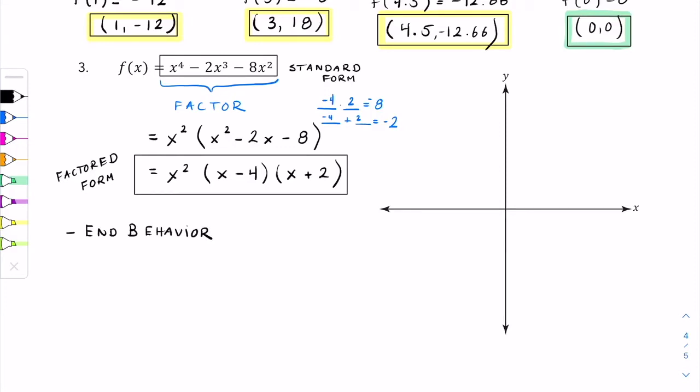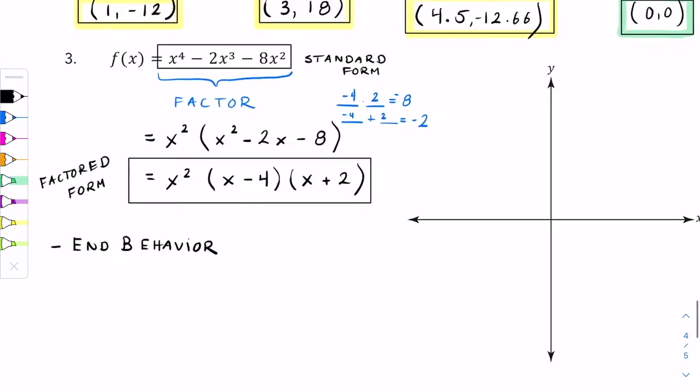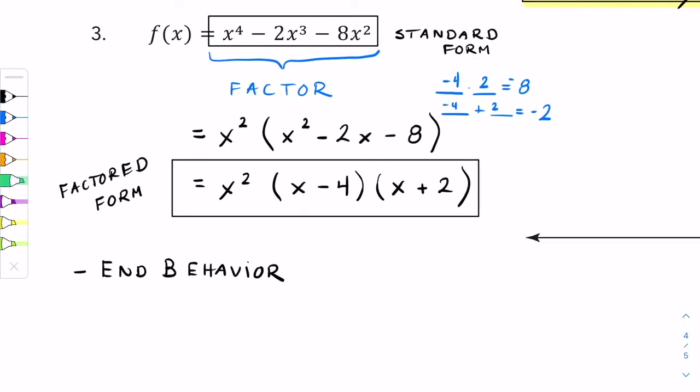So for the end behavior, you're always looking at the degree and the leading coefficient. And when you do that, you're looking at it in standard form. In the previous problems, we've had to find the power function, but this one's already in standard form. So here we can see that we have a degree of 4, which is an even number. And we have a leading coefficient that is positive. It would be 1.